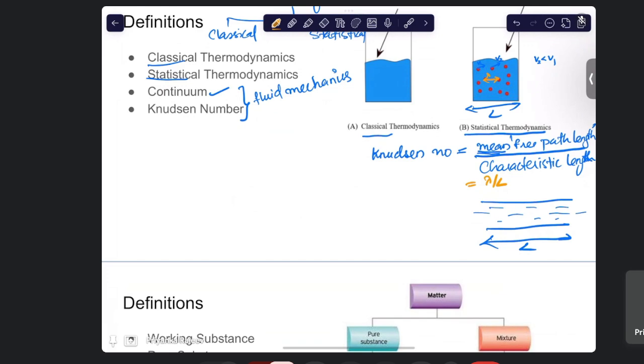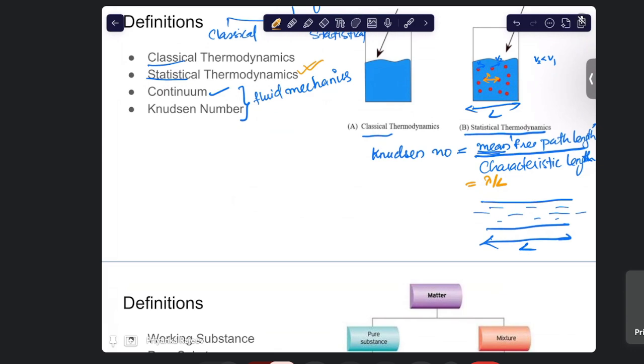Then we have to take the help of statistical thermodynamics to study the system. Statistical thermodynamics and classical thermodynamics are connected by the concept of continuum, where you approximate the whole matter as a uniform system, which does not have an effect of individual molecular movements.